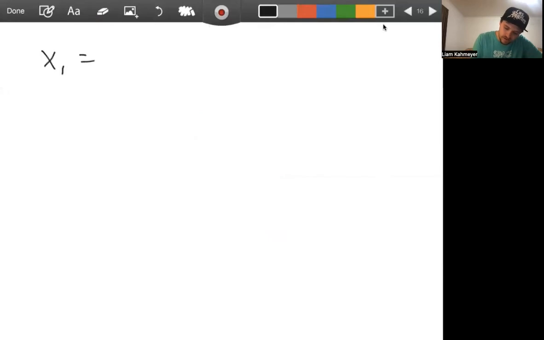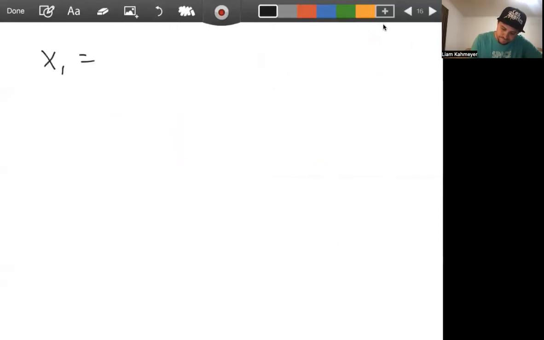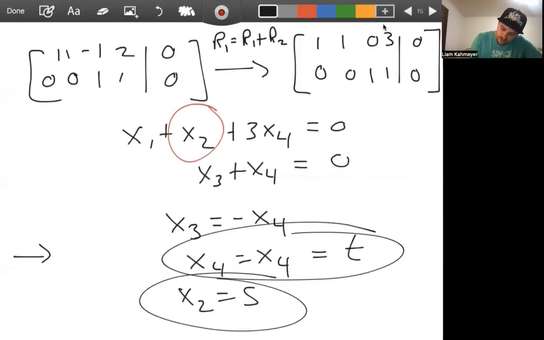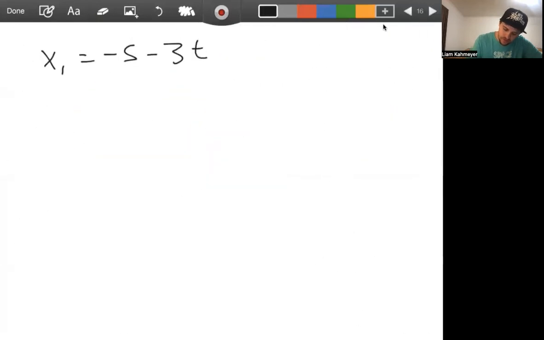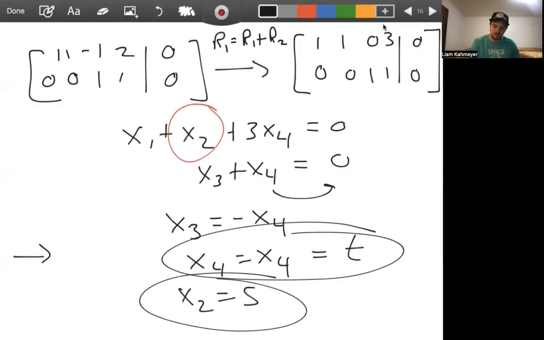So with the parameters x4 equals t and x2 equals s, we have the following, right? We have x1 is equal to negative s minus 3t, and then we have x2 is equal to s, x3 is equal to negative t, and x4 is equal to t, right? Because here you subtract the x4 over, you get x3 is equal to negative x4.